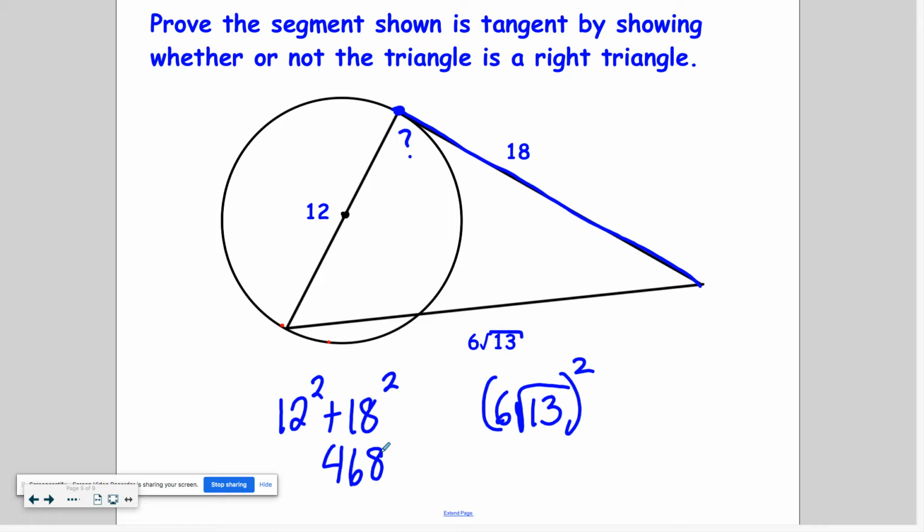On the right side, we will square all of that. And whoops, that was not done right. Just a second. Okay. All right, and that's also 468. Oh, those are equal. So if I know they're equal, then I know this is a right triangle, and I do have a tangent. So I'll just say that, yes, it's tangent.